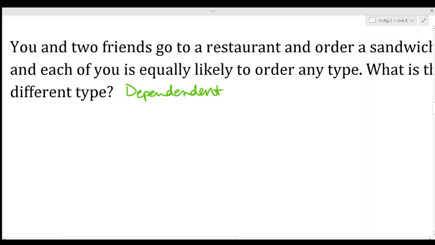So we're trying to figure out the probability of you, friend 1, and friend 2.